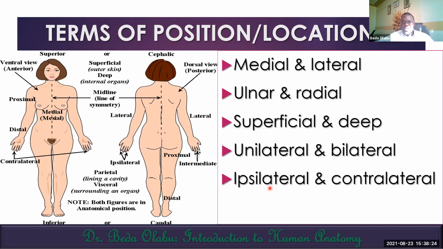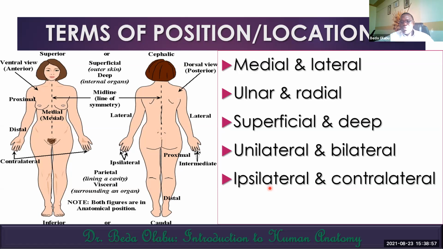For example, let's assume that we have a patient who has a growth on the right side of the brain. And because of this growth, one of the lower limbs is paralyzed. So you understand that the paralysis is unilateral because it's only one lower limb paralyzed.